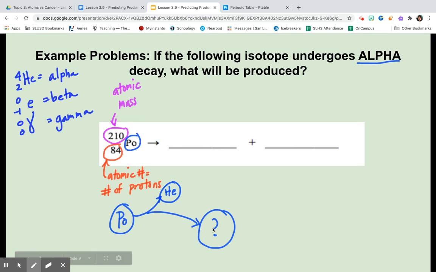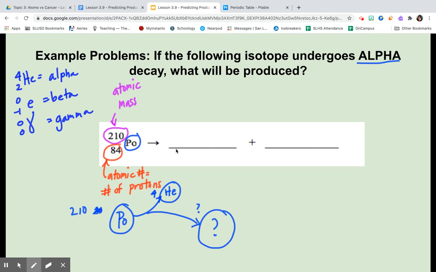So if I work backwards with these numbers, I can figure out what they add up to. For example, the mass of Po is 210. And if I recall the symbol, the mass of He is 4. So whatever this is, something plus 4 needs to add back to what Po was before, 210. And then the same thing for the bottom number.